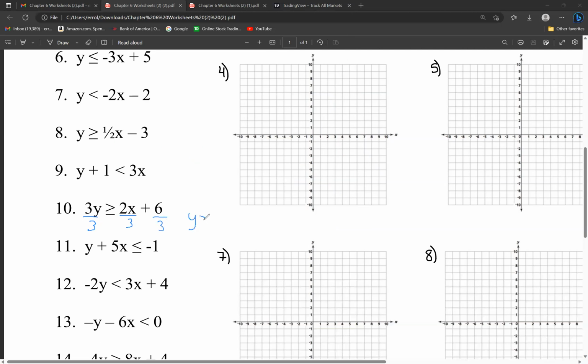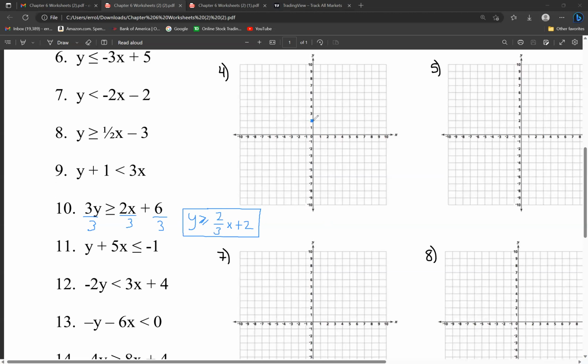So y greater than or equal to what's on the right side? 2 over 3x plus 2. Good. How do we draw this? You put the dot at 0, 2. Dot at 0, 2. Where's the second dot?